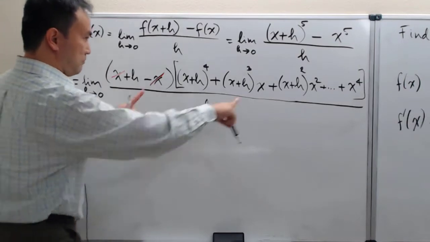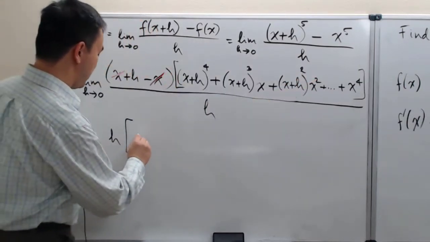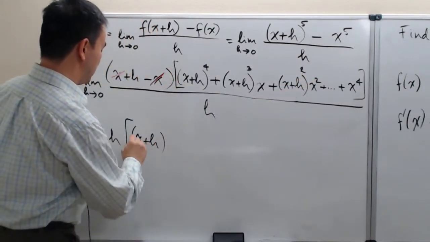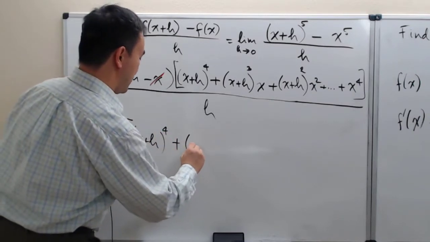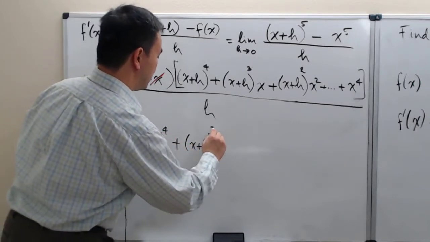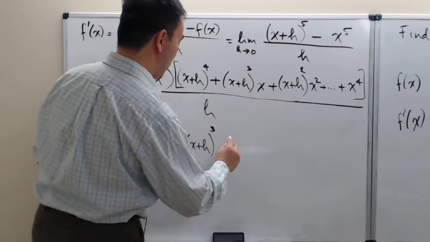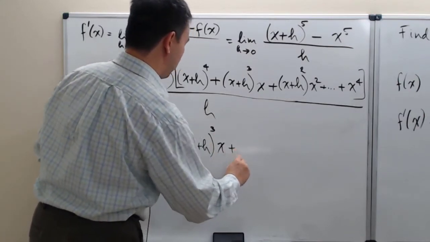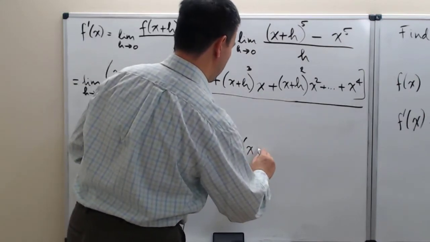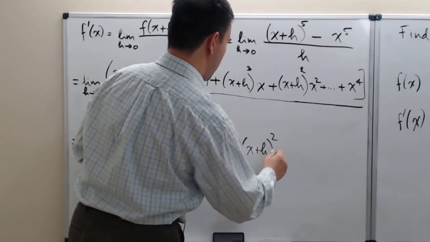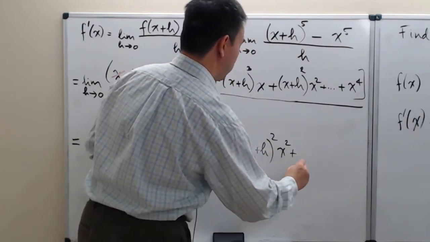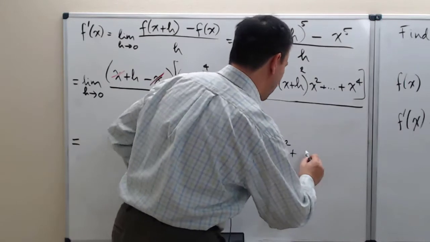And all that big one in brackets is still there: x plus h to the 4th plus x plus h cubed, because we reduce the power by 1, times x, plus x plus h squared, x squared, plus, how about this time I have a little more space, so let me just write it all down.